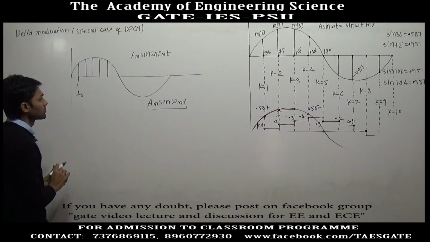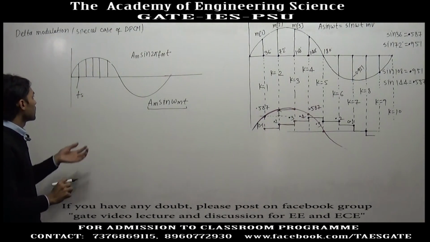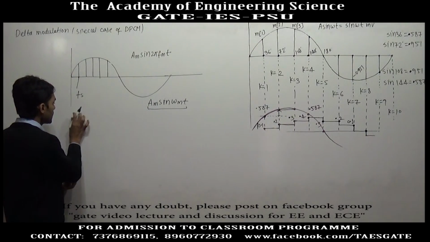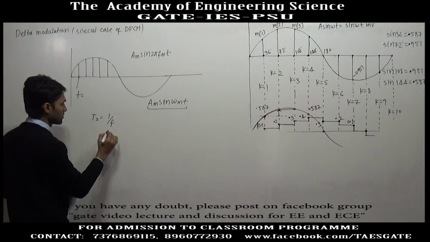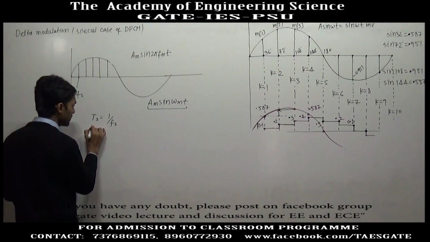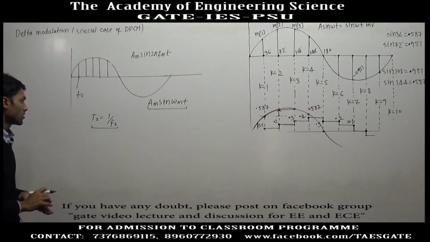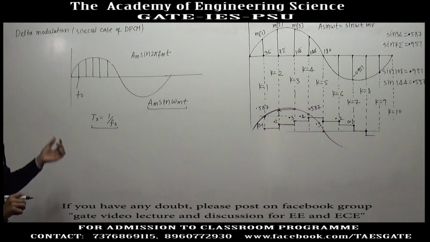This is Fs. So, at each interval Ts equal to 1 by Fs, we will have one sample.